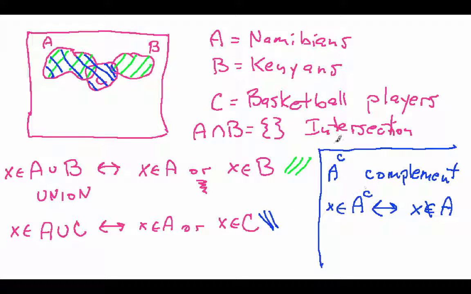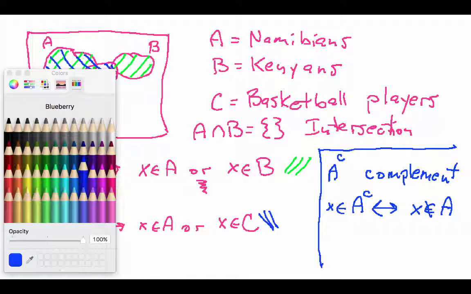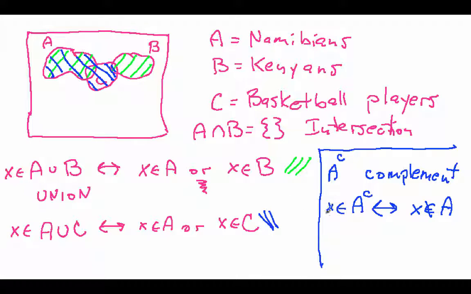Everybody okay with that? So maybe we can draw a picture of that. Color, please. Why don't we pick gray? Okay. So if I come over here and we can see that this is A over here, A complement is going to be all of this.